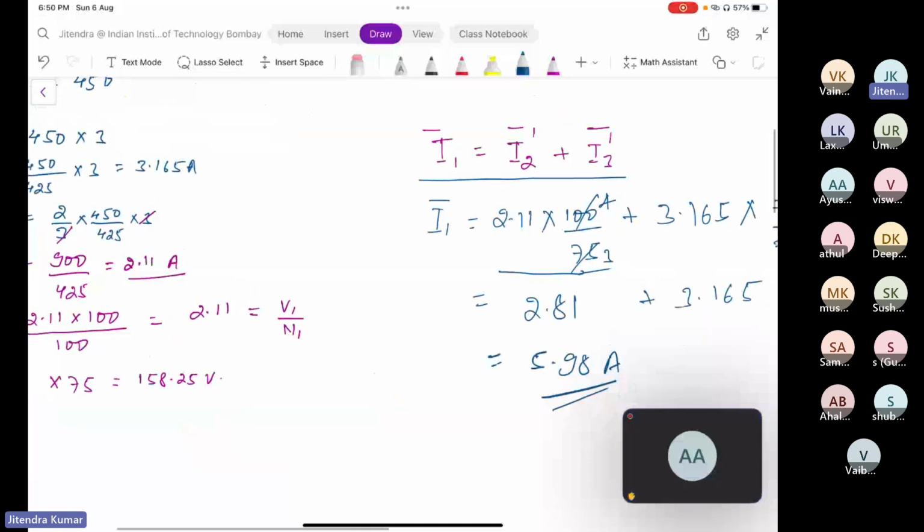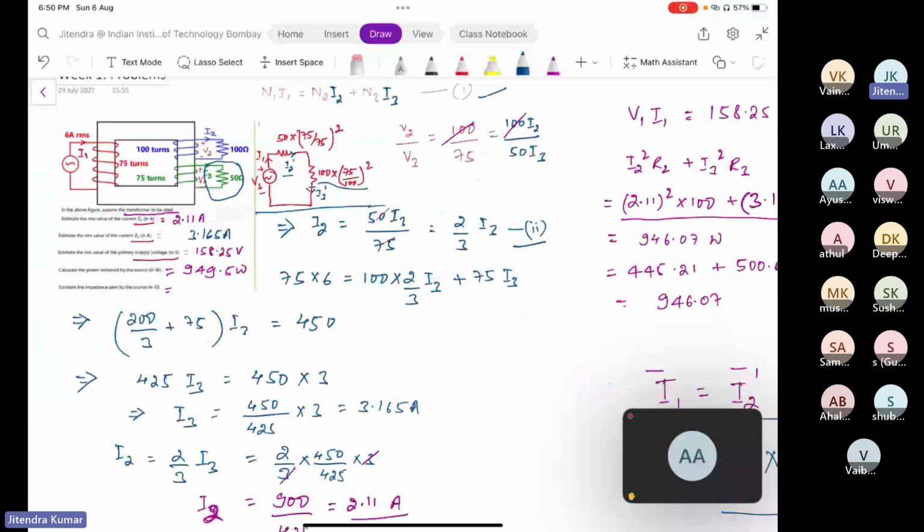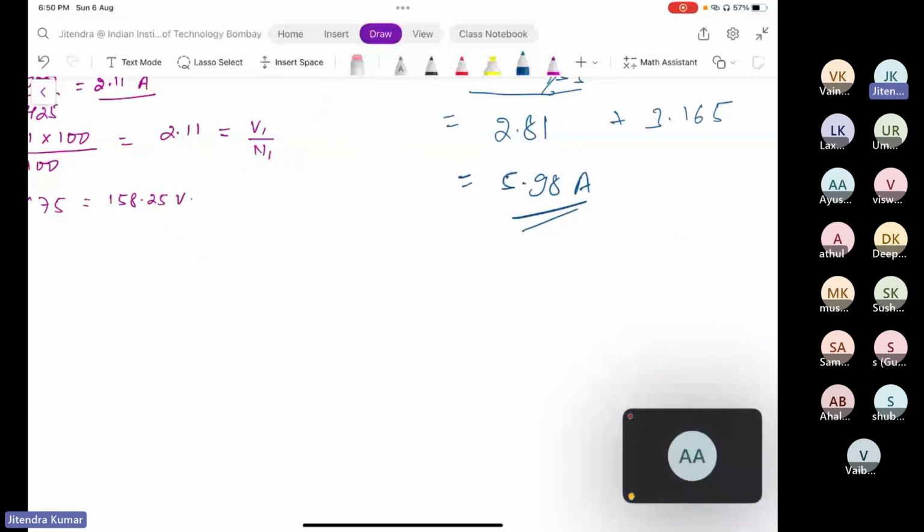With this I1 value, 5.97 into 6, it is coming 946.335, right? So V1 is 158.25.